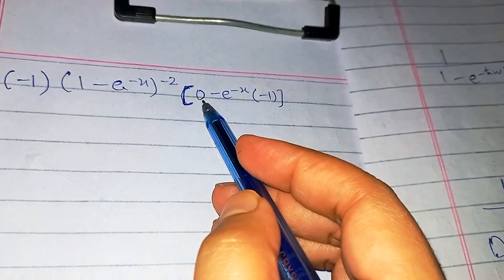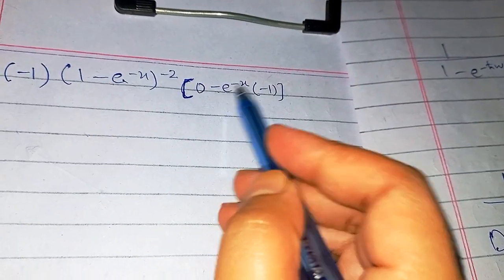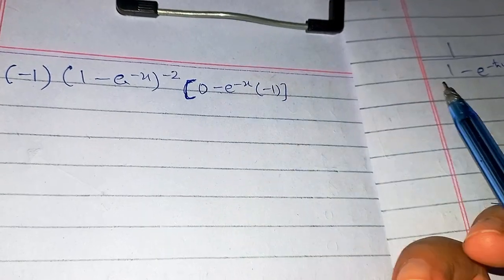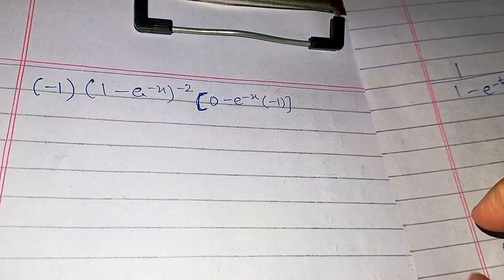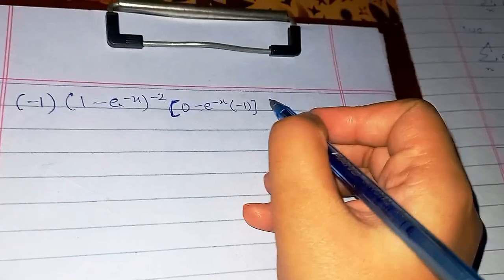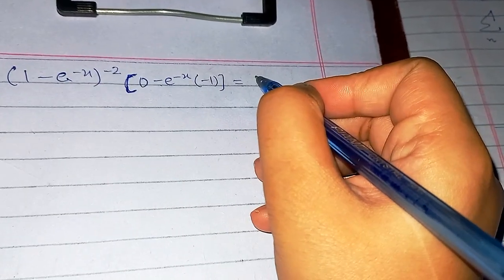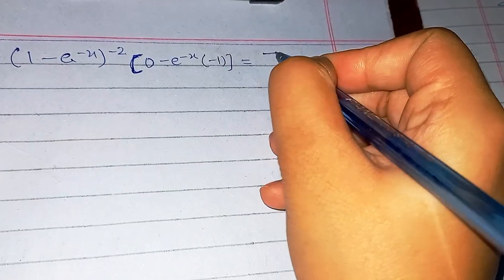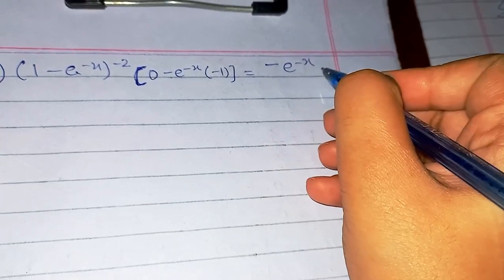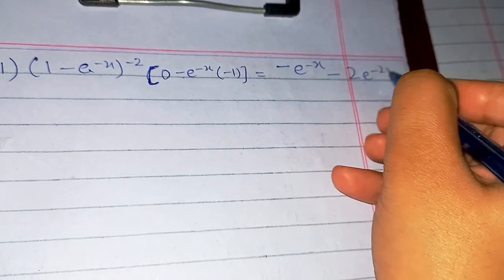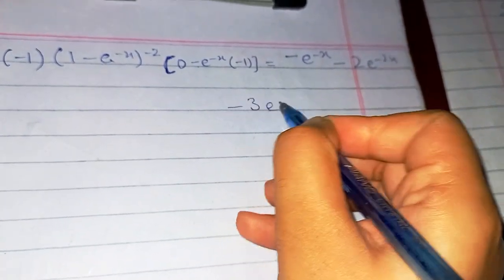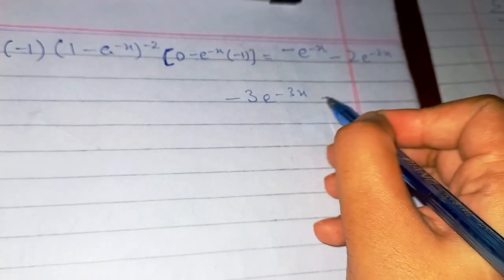The derivative of 1 is 0, minus e to the power minus x times the derivative of its power, minus 1. I hope you got it. And that is equal to minus e to the power minus x minus 2 e to the power minus 2x minus 3 e to the power minus 3x minus and so on.